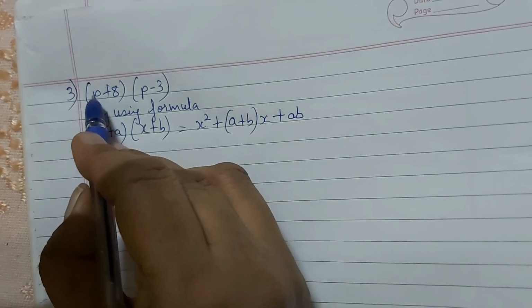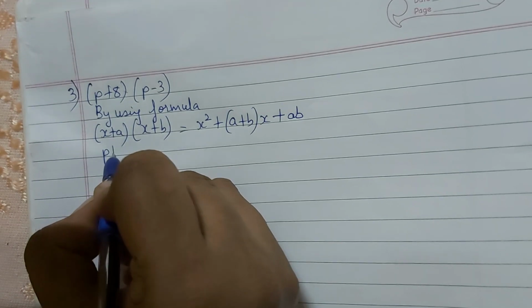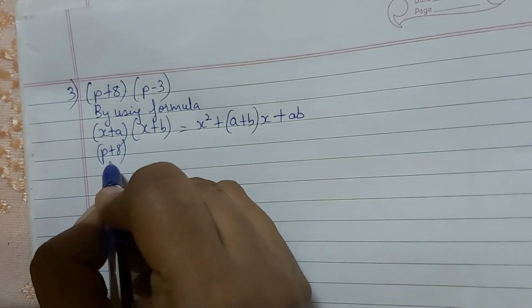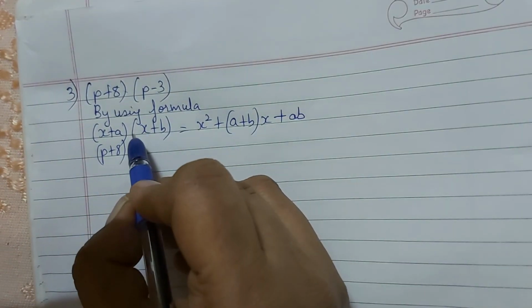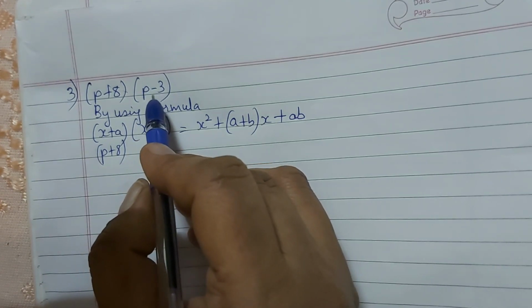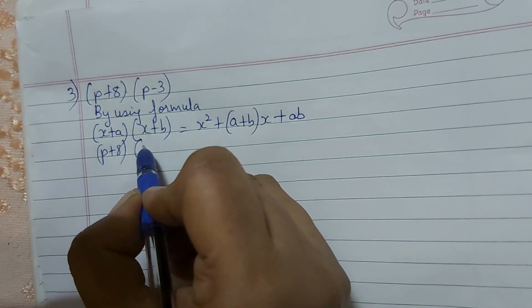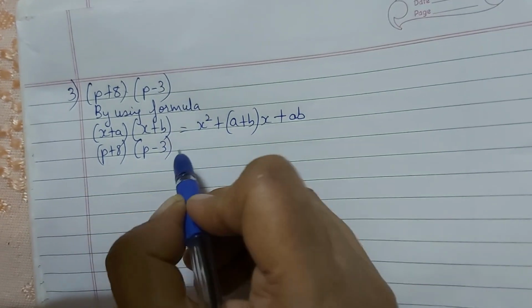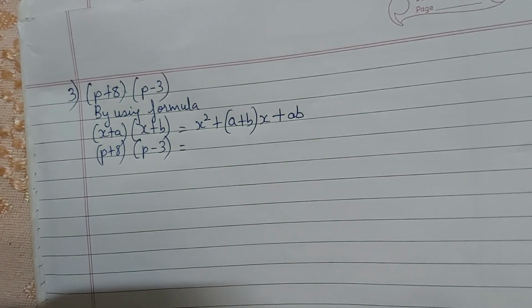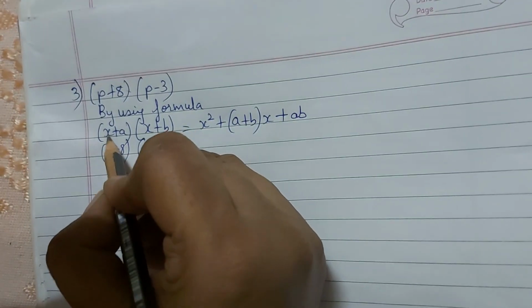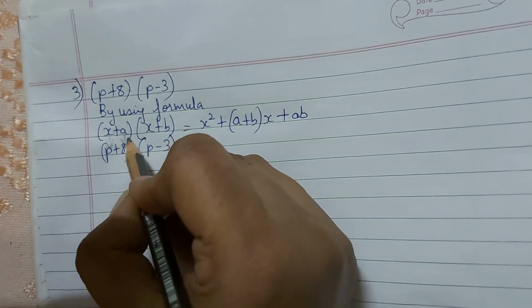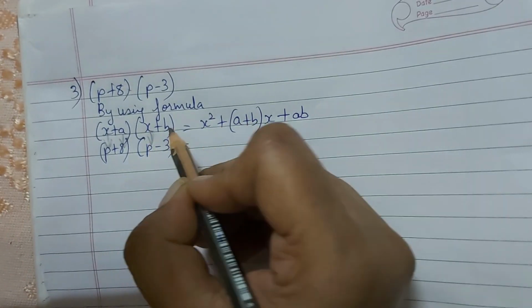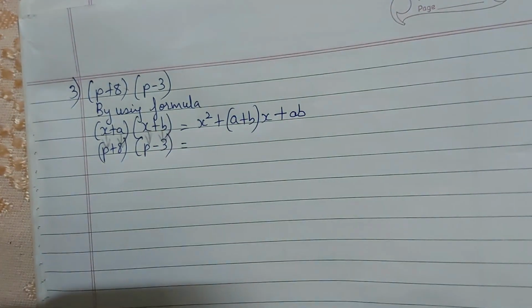Now in this bracket, this whole thing we have to write p plus 8. Under this bracket we have to write p minus 3. So we will put a bracket and write p minus 3 is equal to, first we will remove the values. x value is p, a's value is 8, x value is p and b's value is minus 3.